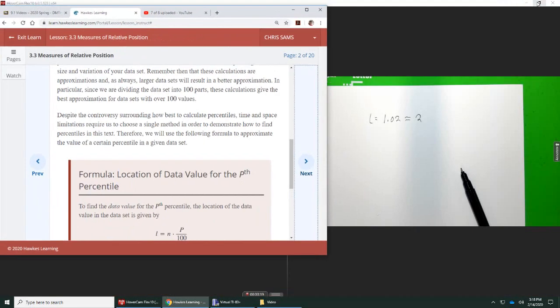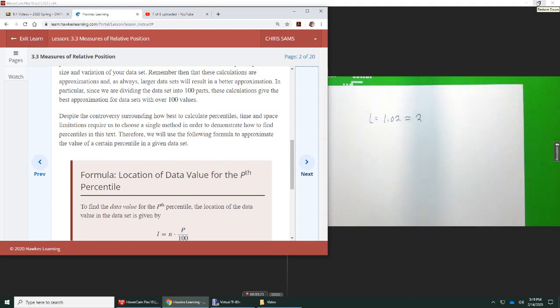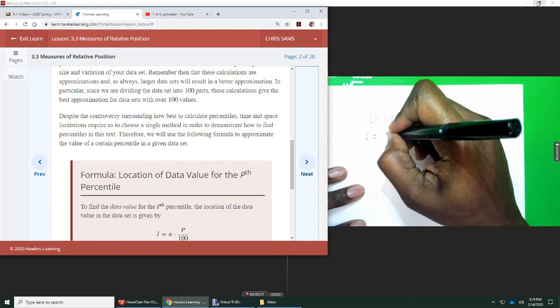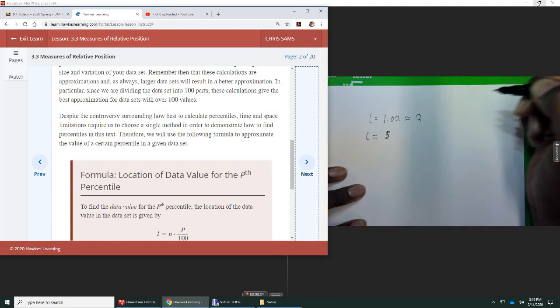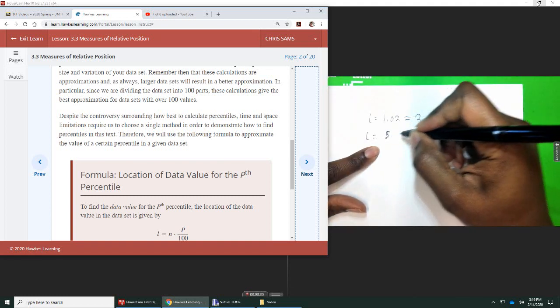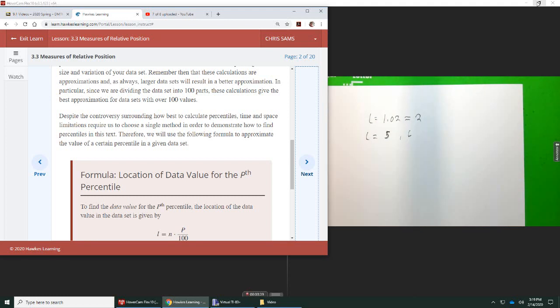So what that's saying is, if I do this formula and it comes out that, say, L is equal to 5, just like if we were to find the median, I would need to find the 5th and the 6th number, add them up, and divide by 2.